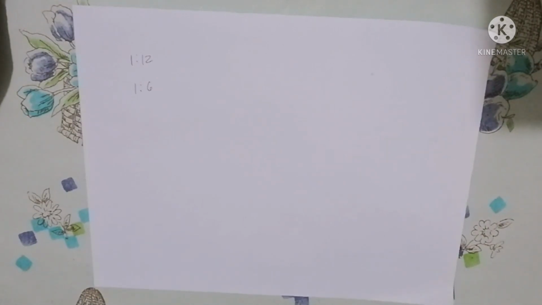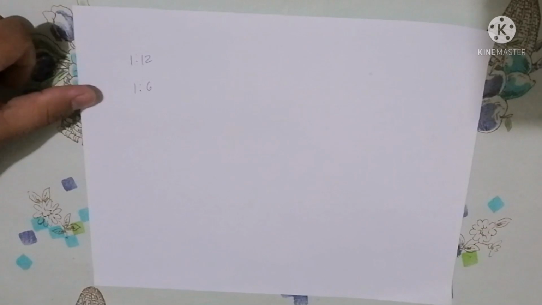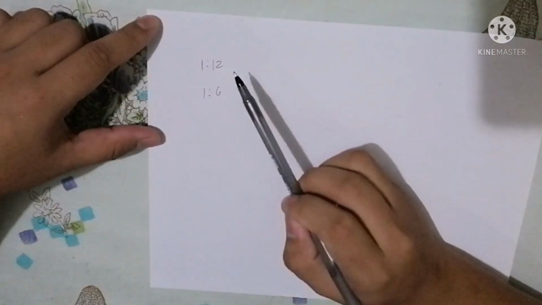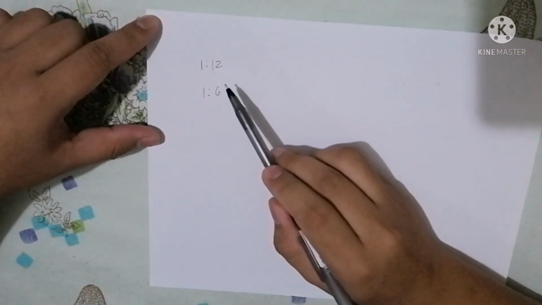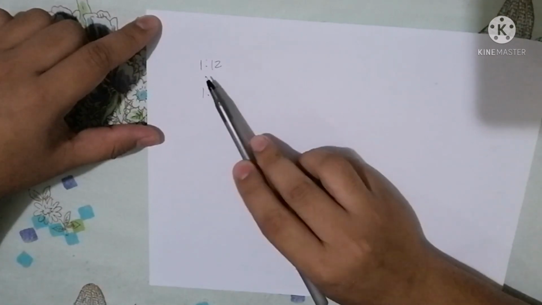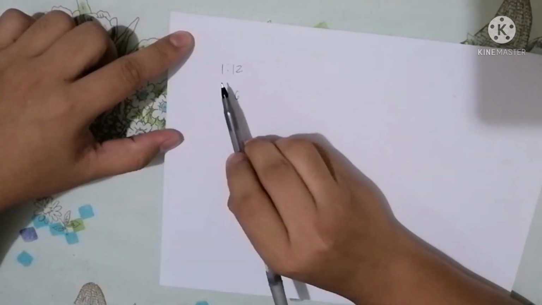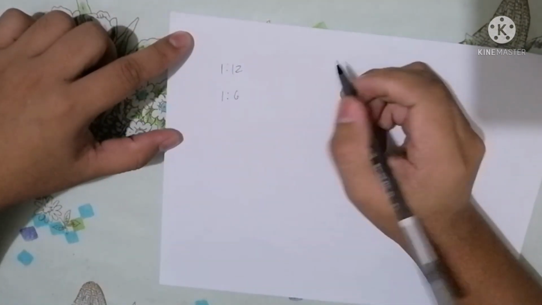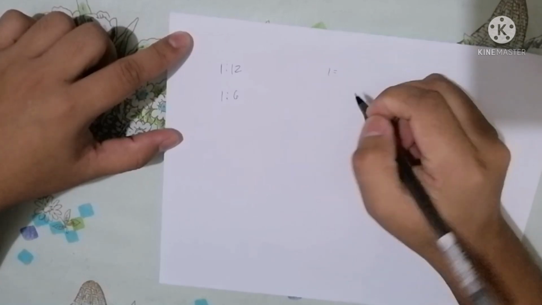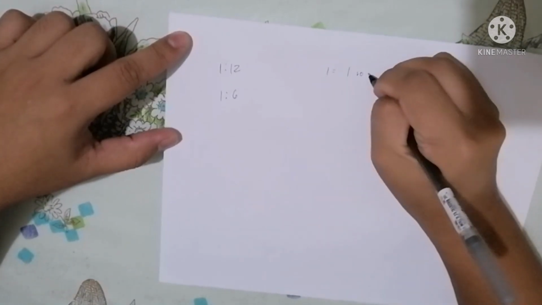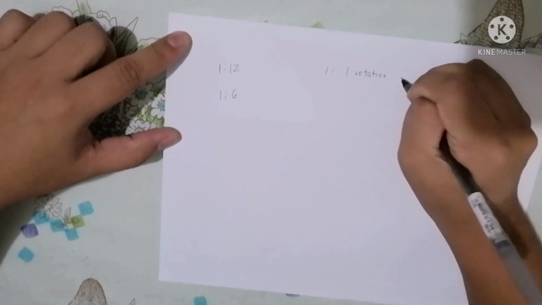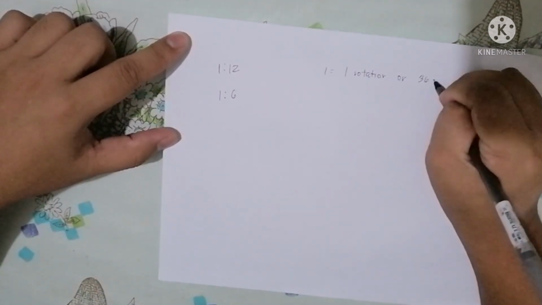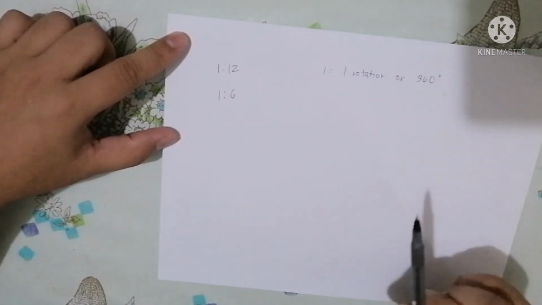Okay, so before we start measuring our barrel twist rate, we must first understand these two sets of numbers. This is how you measure your twist rate. So this is always constant. This is 1. 1 means 1 rotation or 360 degrees.